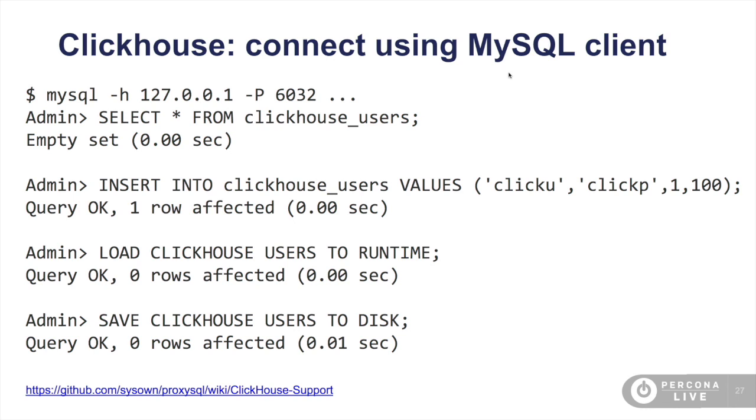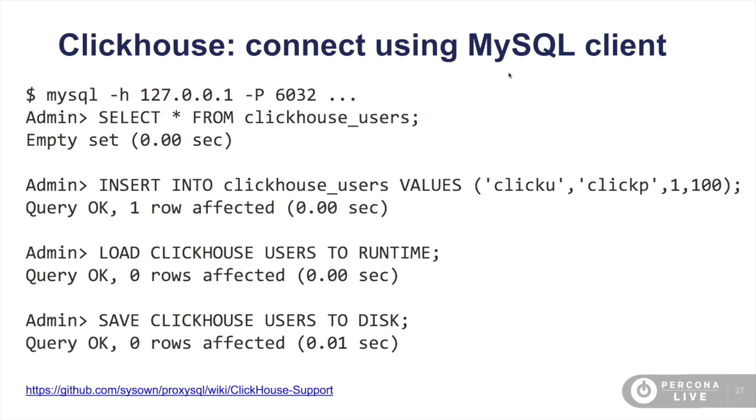Now what we will need to do is create users. By default, ClickHouse doesn't enable user authentication, although it's possible. So in this case, we just need to create a MySQL user so we will be able to authenticate into ProxySQL, which pretends to be MySQL. So I just create a user account inside of the ClickHouse users table.